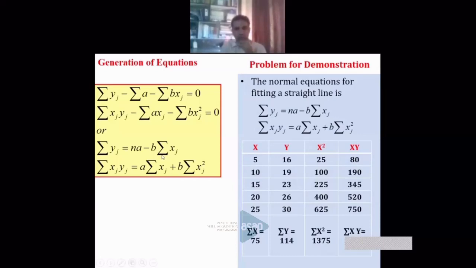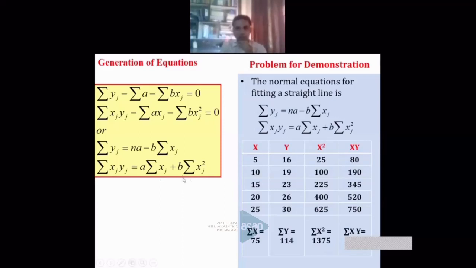These two terms are transposed to the right hand side, and we get A into sigma xj and B into sigma xj squared. These are the equations we need to keep in mind to assess the coefficients of the straight line, that is, the A and B estimates. These equations should be in my mind.